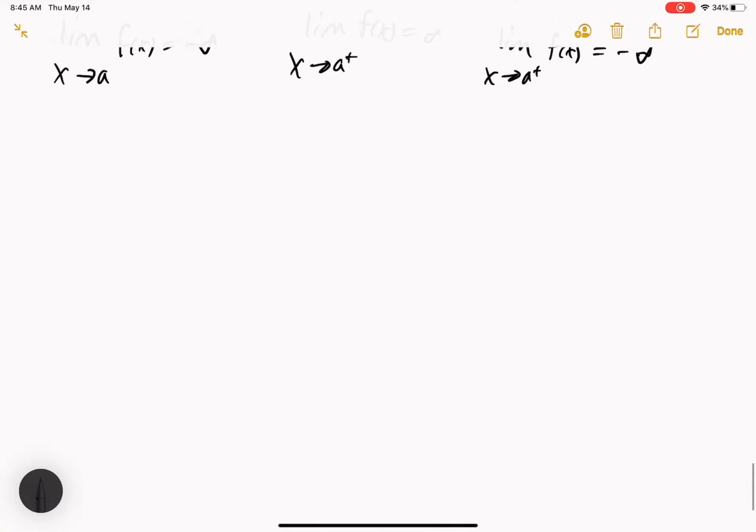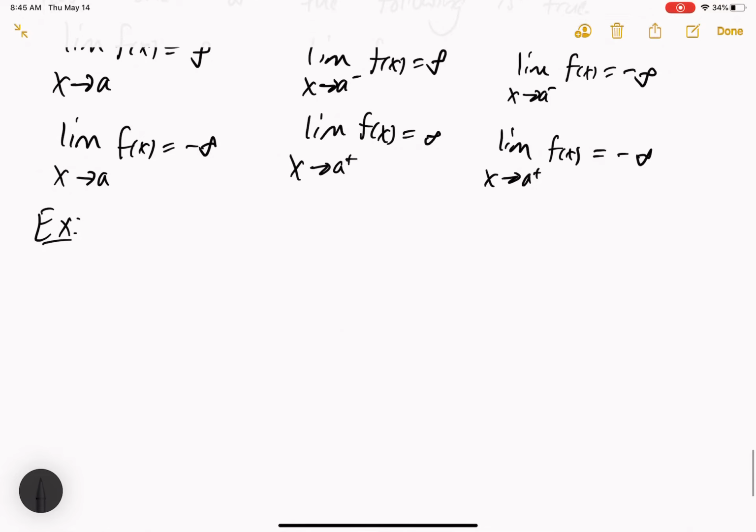So now let's actually do an example. Again, because examples are pretty concrete versus me just saying f is arbitrary and a is arbitrary. All right. So you want to evaluate 2 limits.